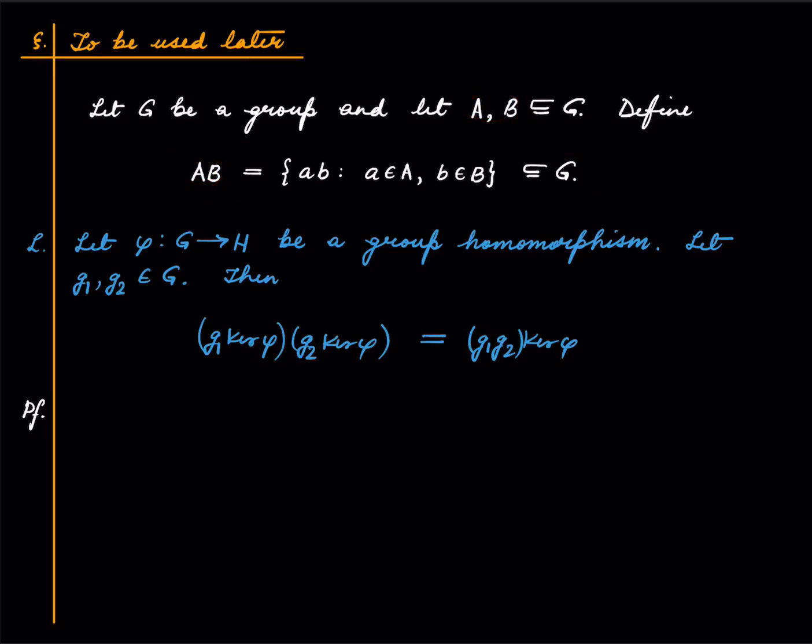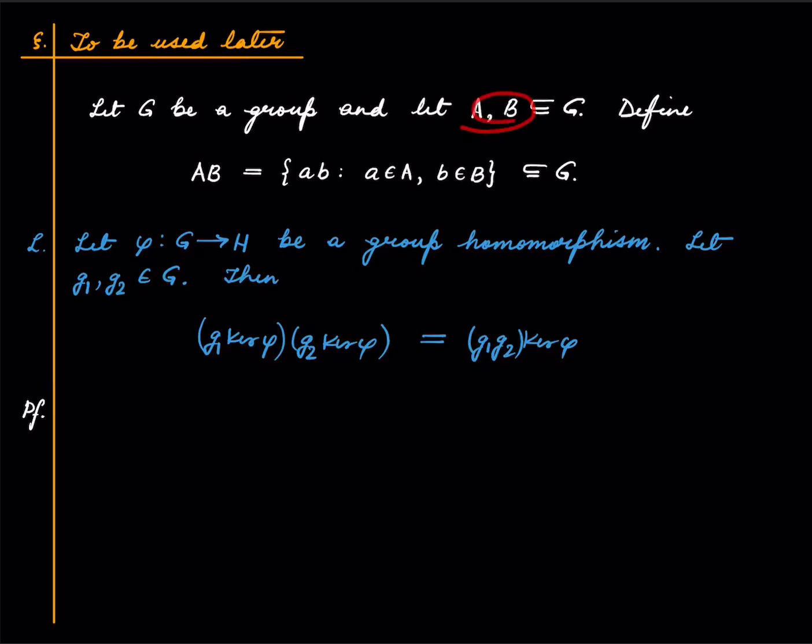All right, so here is what we want to prove. Suppose we have a group homomorphism and G1 and G2 are two elements of the domain group. Then this thing, which just think of this as capital A and think of this as capital B, then we want to show that this thing is actually equal to that. So let me remark that potentially the size of this could be size of A times size of B, provided they are finite, of course.